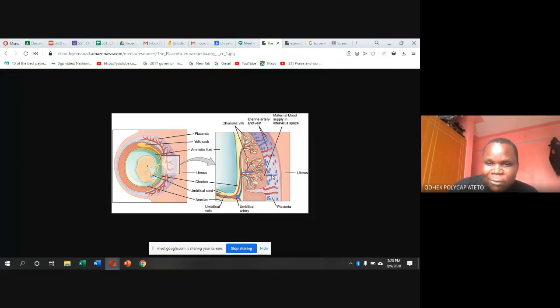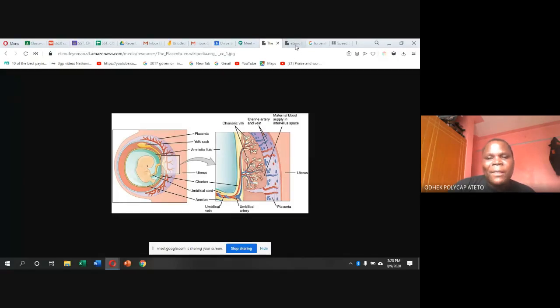Number one, it is the one that ensures that there are no harmful substances that go to the baby. That's the main function of the placenta. That's why after birth, this placenta must be removed from the mother's body. Because everything here is coming from the mother's maternal supply in blood. So everything from the mother's blood goes to the placenta first, and then it goes to the fetus.